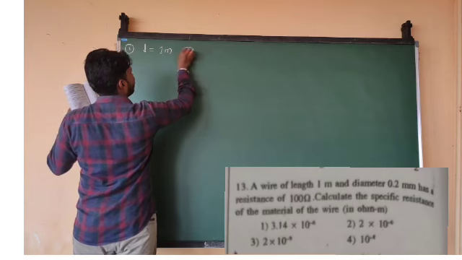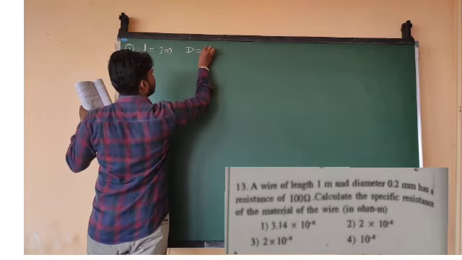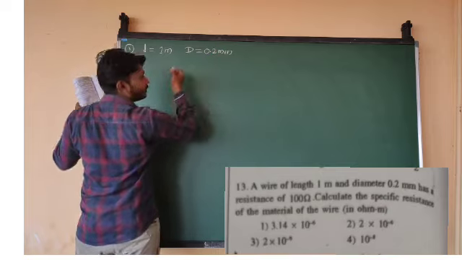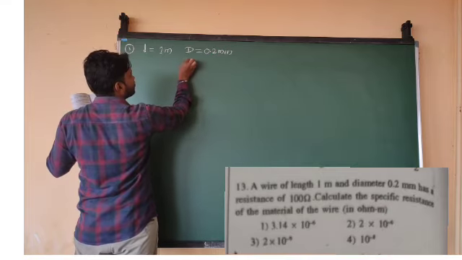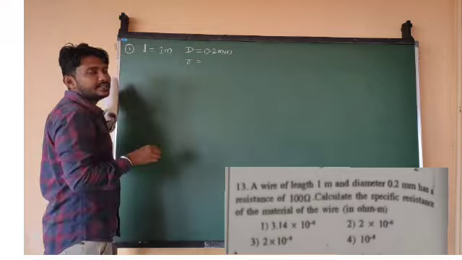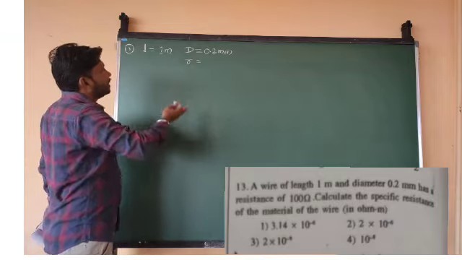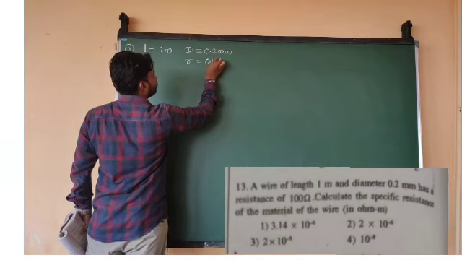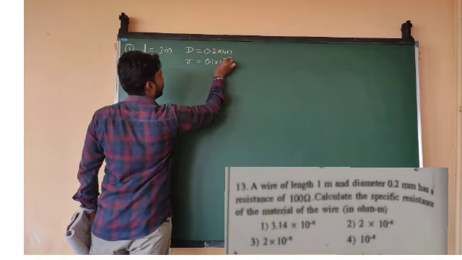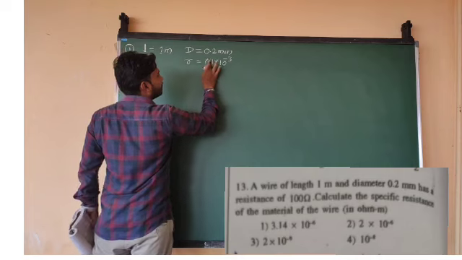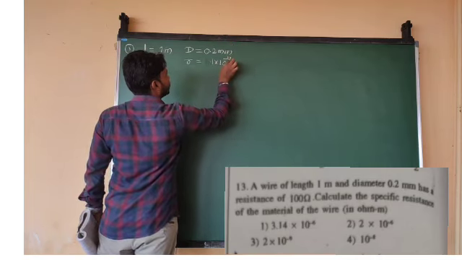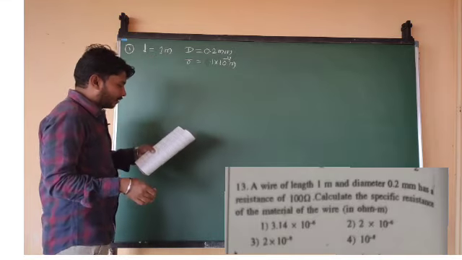D is equal to 0.2 millimeter, and millimeter means 10 to the power of minus 3 meters. I want the radius, which is half of the diameter, so 0.1 into 10 to the power of minus 3, or I can say 1 into 10 to the power of minus 4 meter.